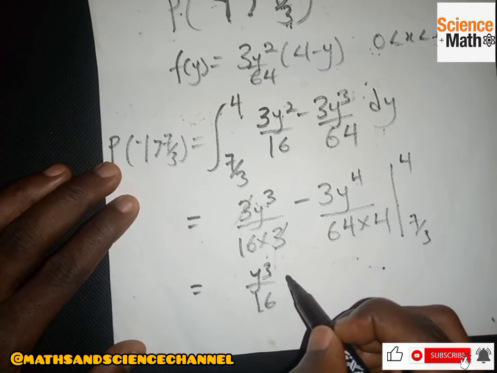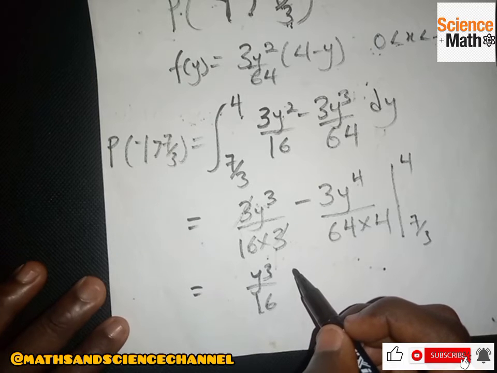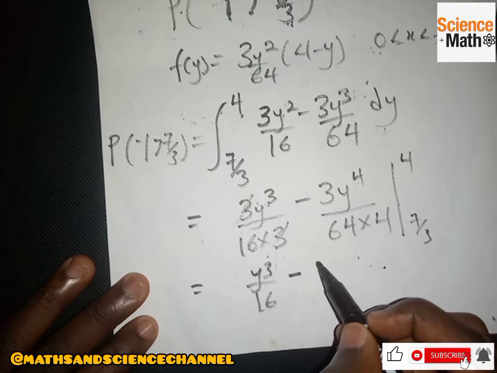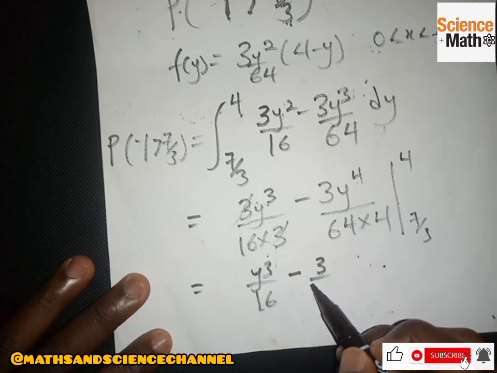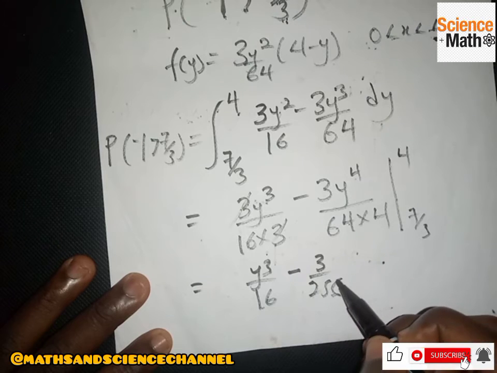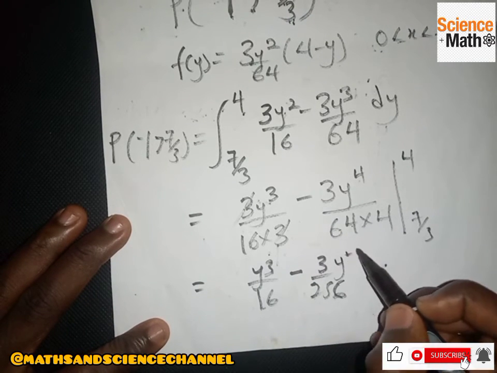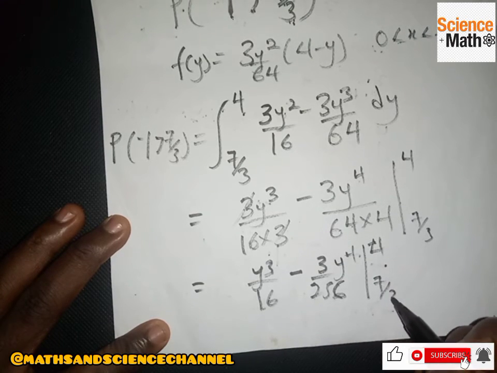Then minus 3 over 64 multiplied by 4, which is 256, and then y to the power 4, evaluated from 7/3 to 4.